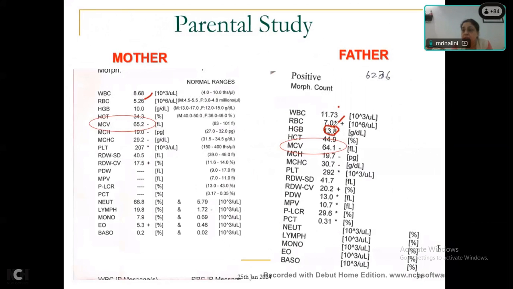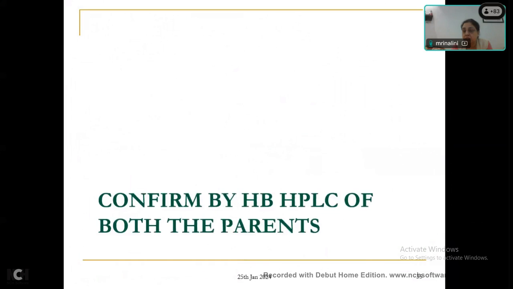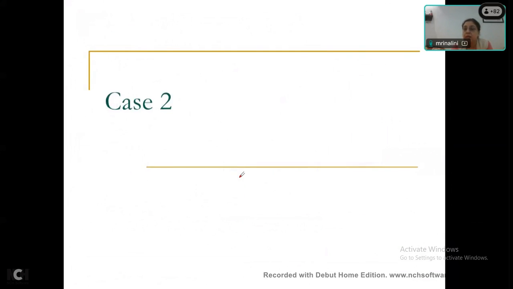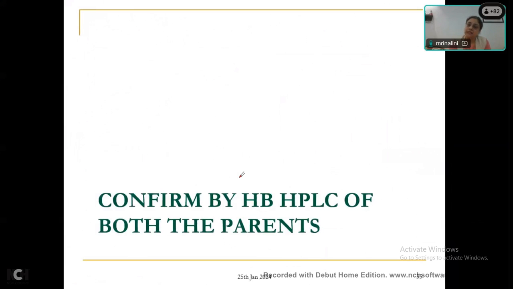So anemia is not seen 100% in all hemoglobinopathies. You also have to look at the other indices. Then the HPLC of both parents was done, and both had beta thalassemia trait. So that is how we can say that this is a case of a homozygous beta thalassemia.